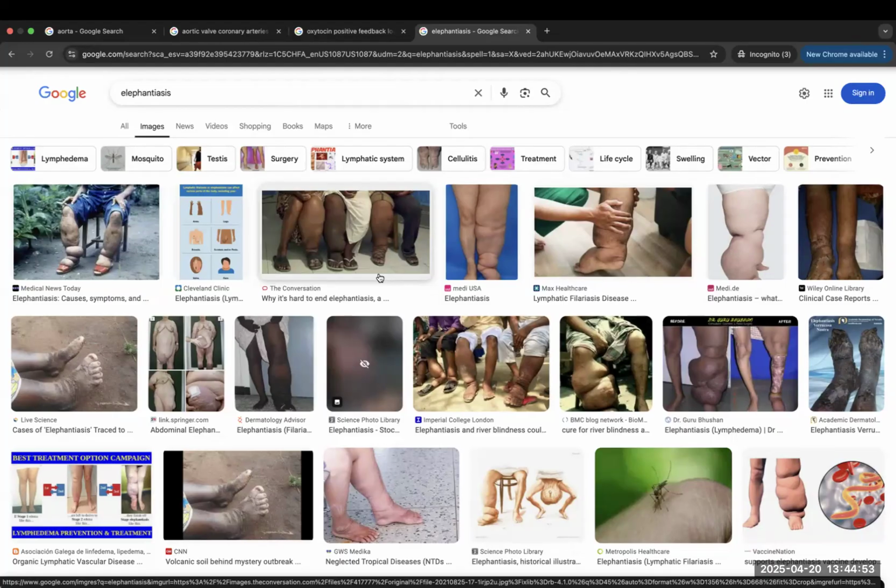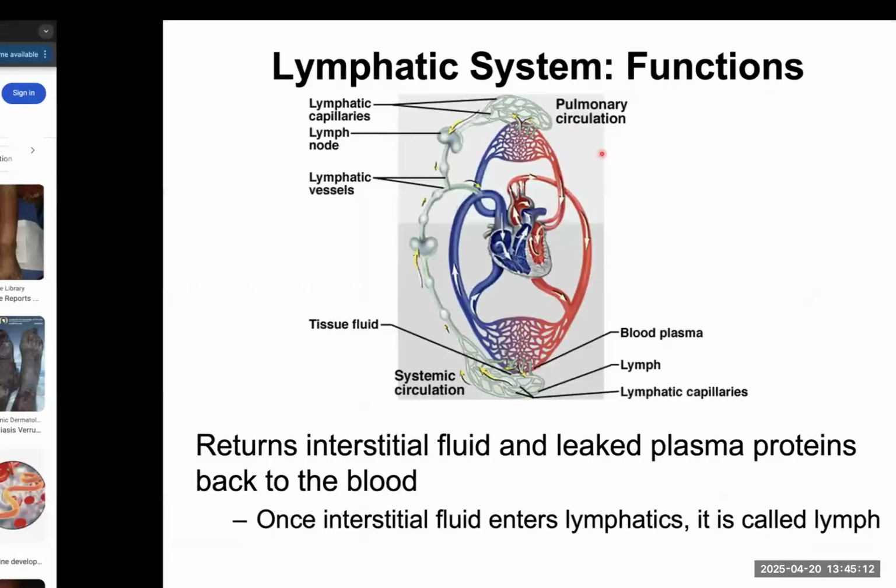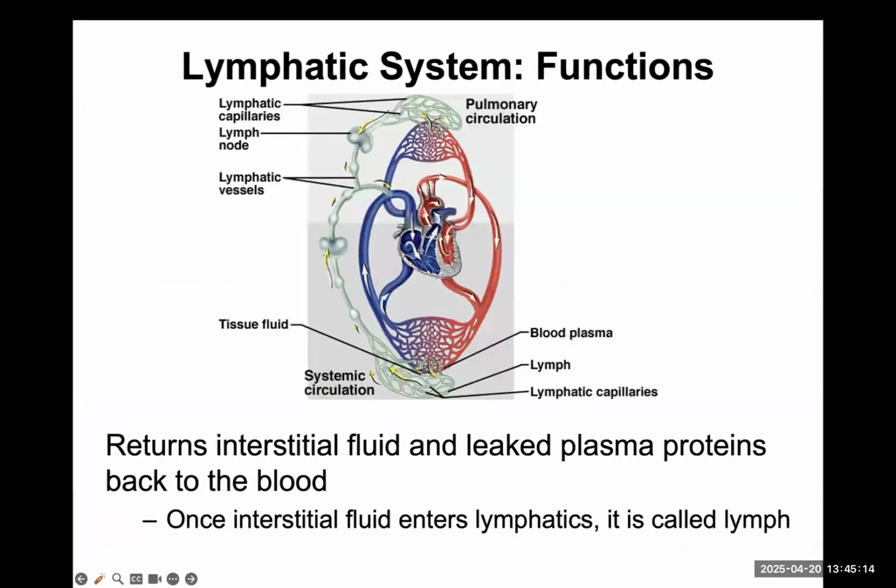But anyway, if there is a problem with the lymphatic system, it's going to cause swelling, for example in the leg, and you have to drain it. Draining goes into the lymphatic vessels, which then put the fluid back into the circulatory system. A healthy lymphatic system returns the fluid back to the circulatory system.